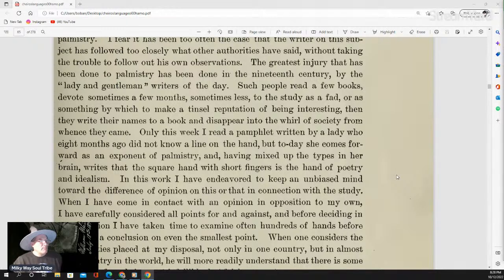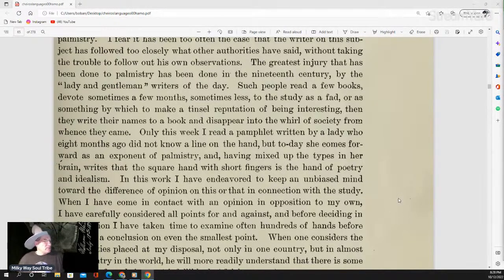Only this week I read a pamphlet written by a lady who eight months ago did not know a line on the hand, but today she comes forward as an exponent of palmistry, and having mixed up the types in her brain, writes that the square hand with short fingers is the hand of poetry and idealism. In this work, I have endeavored to keep an unbiased mind toward the differences of opinion.